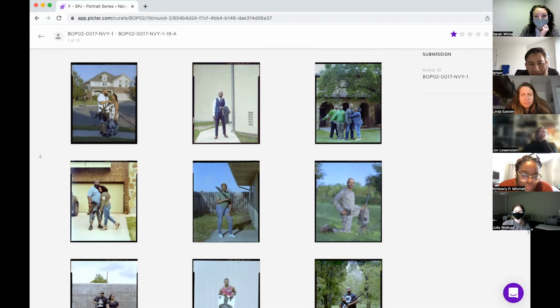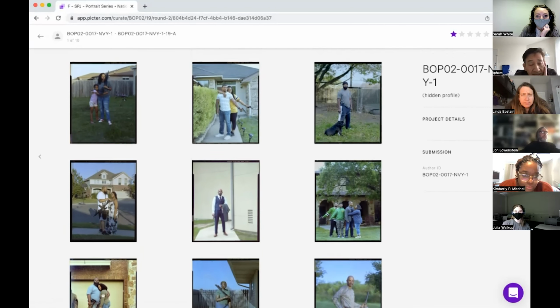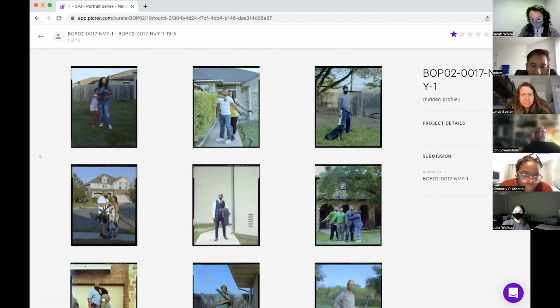You know, I like the message on this one. I like the theme and the cohesiveness of it. But in terms of visuals and execution, I feel like this one somewhat lacks that kind of standard. So it's out for me.